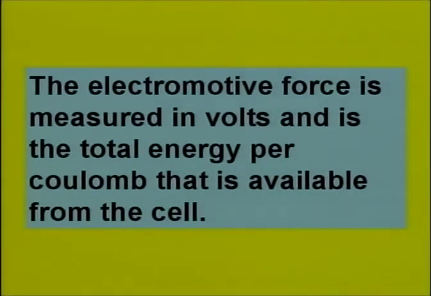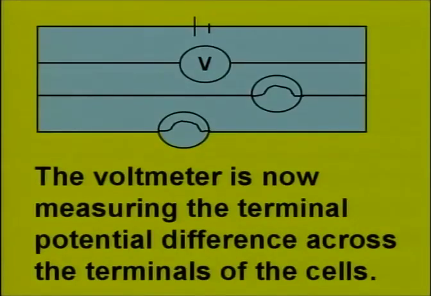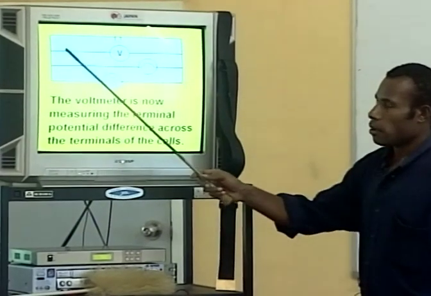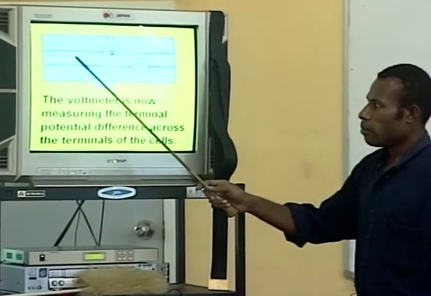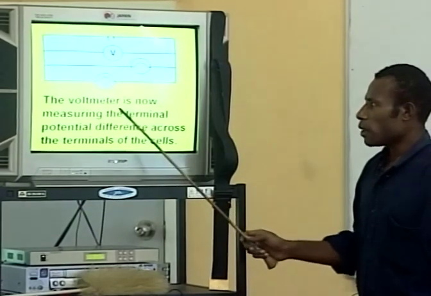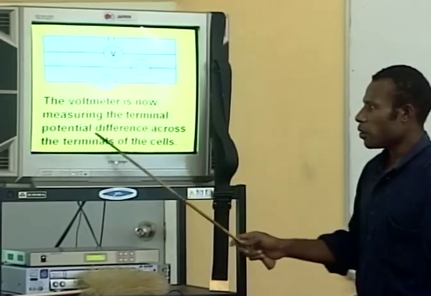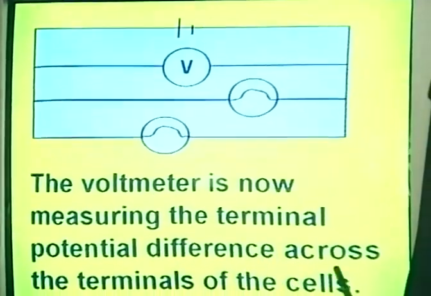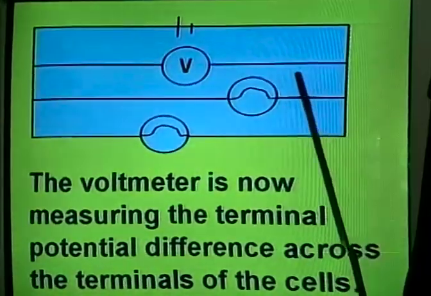All right, moving on. As you can see, there is a circuit. If the cell is connected here, current will flow through the circuit. Since the voltmeter is connected across the cell, its reading is now measuring the terminal difference or potential difference across the terminals of the cell.